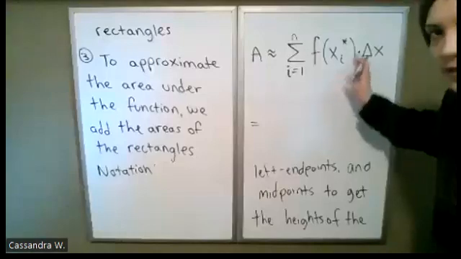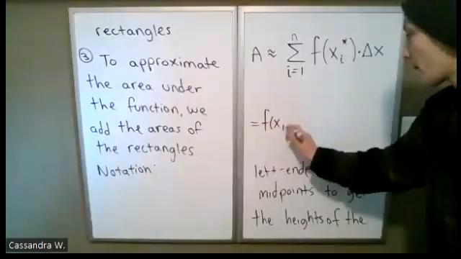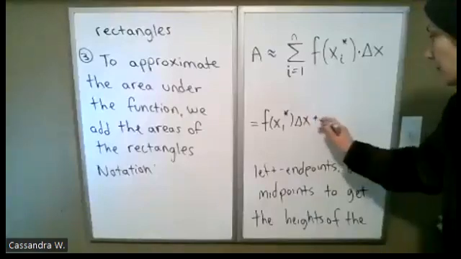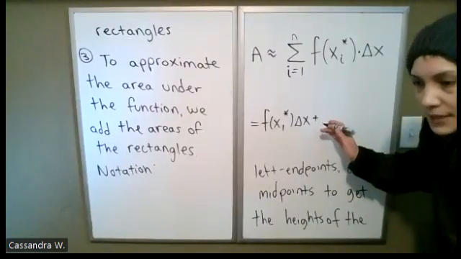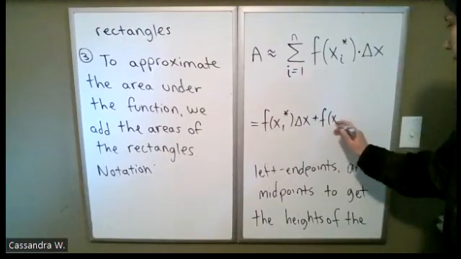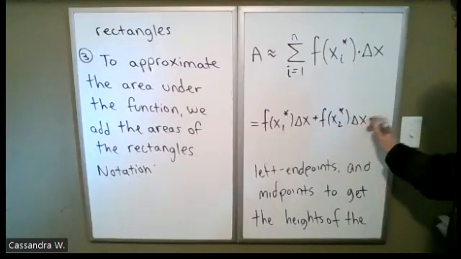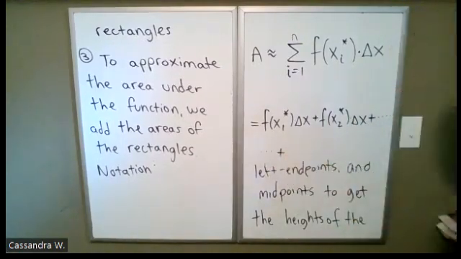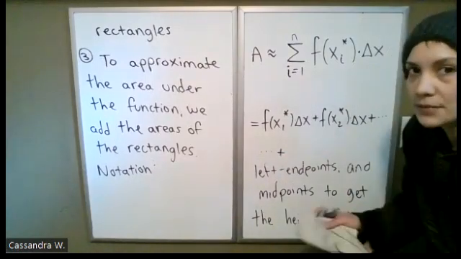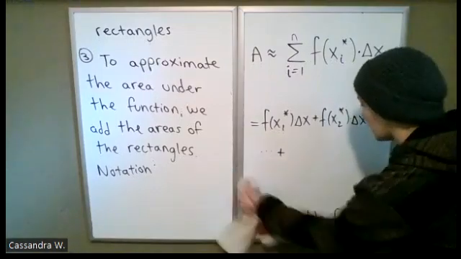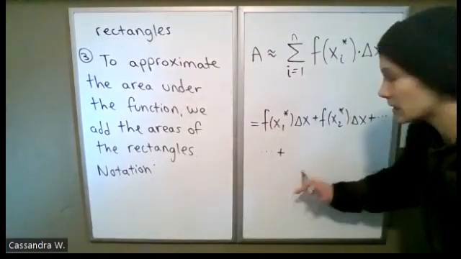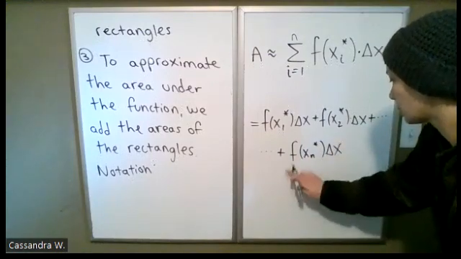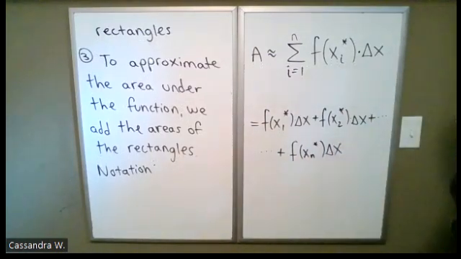So f of x1 star times delta x plus f of x2 star times delta x plus, keep adding till you get to the end and you add f of x sub n star times delta x.